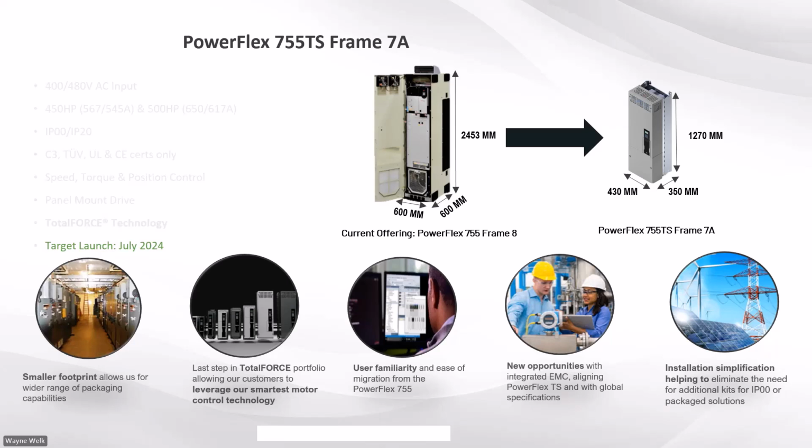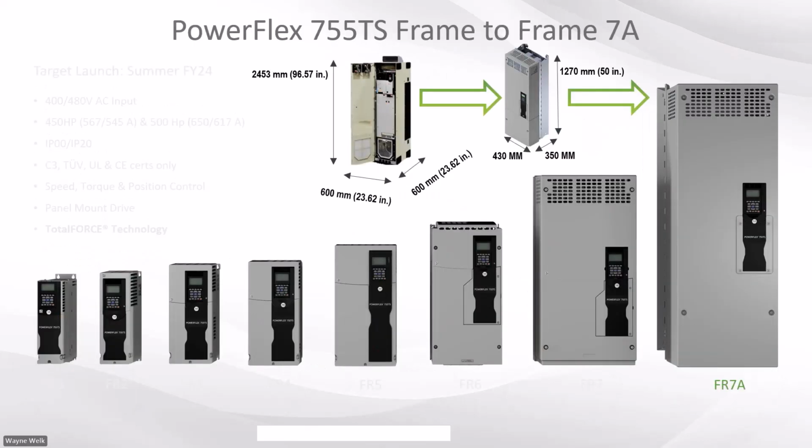And again, that family, the 755 TS, all of the same boards, communication boards, I/O boards are all the same across the 750 series family. So this is just another example of that. Just to kind of move forward, I'll show you the dimensions on that, what it was from that frame 8 to the larger frames, or the smaller frame 7 that you see on the right.